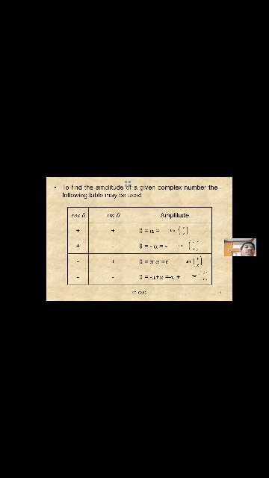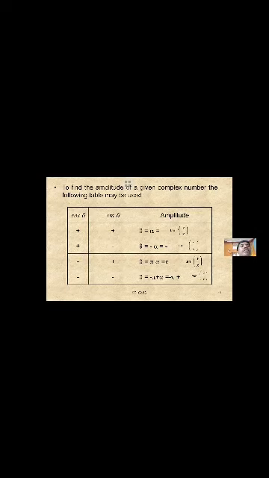If cos theta is positive and sin theta is negative, then theta equals minus alpha, that equals minus tan inverse of y by x. This table is given in your textbook also.